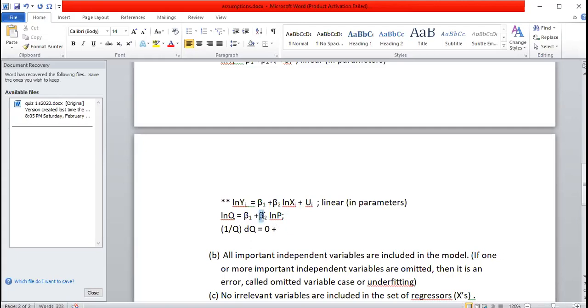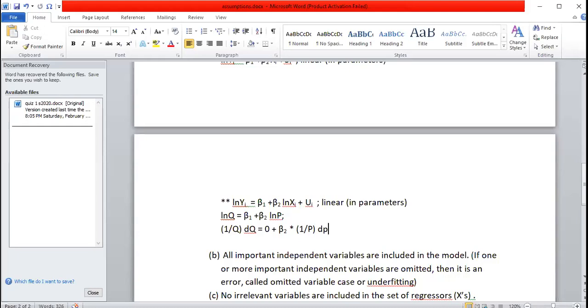Beta 2 multiplied by 1 over P divided by dp. Everybody with me here with this line? Do you have any question about this line?